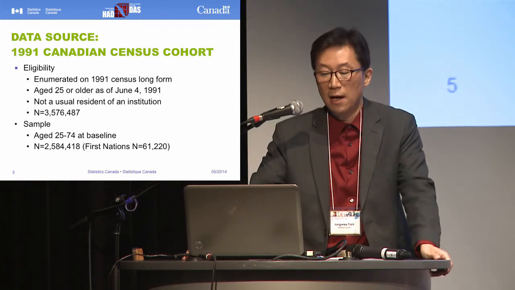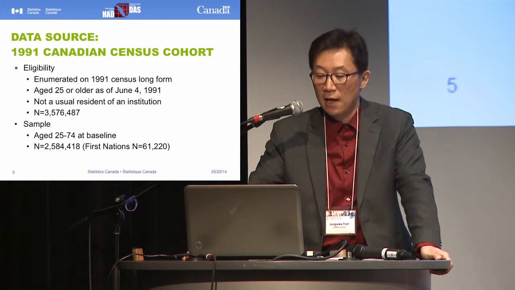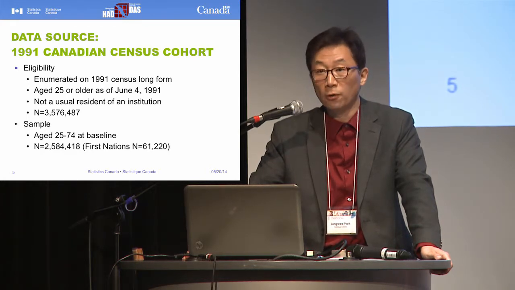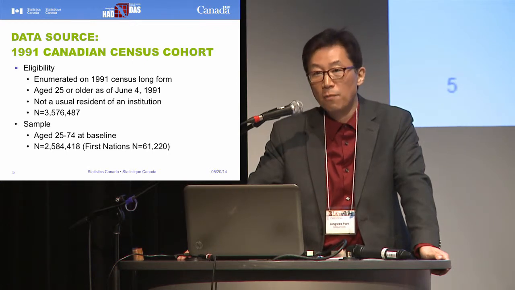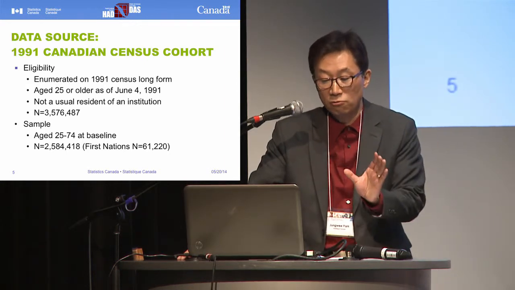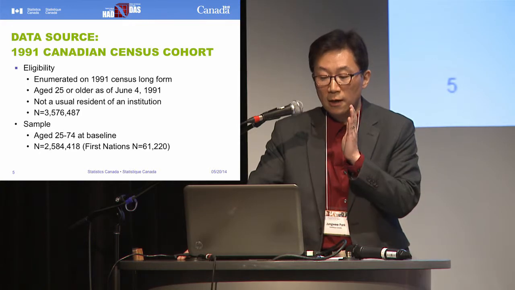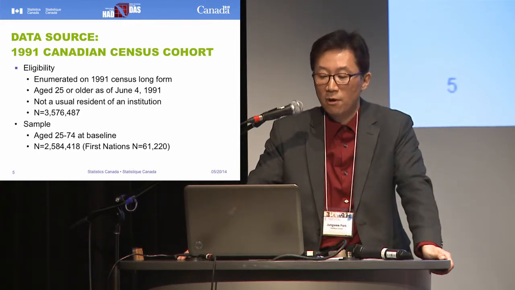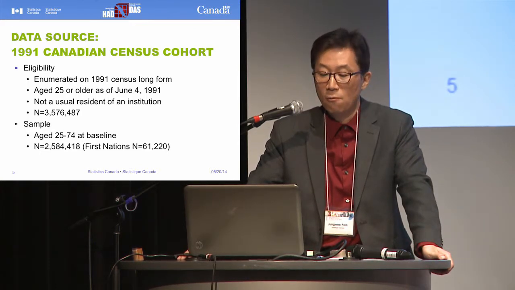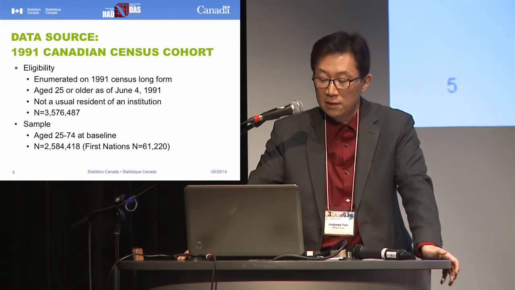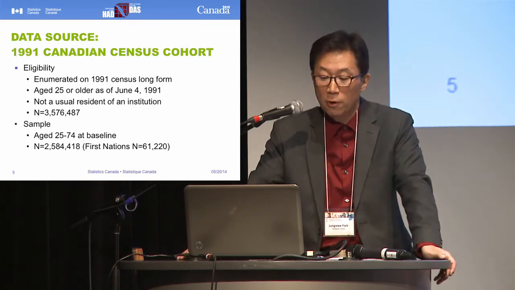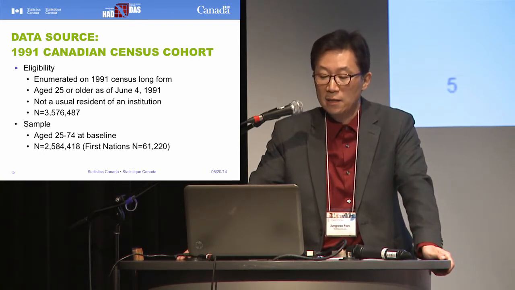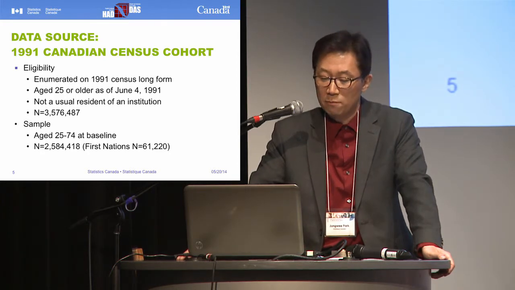We selected respondents aged 25 or older at the baseline time of June 4th, 1991, so we have a database of the Canadian adult population. This database does not include the institutional population. The total sample size is 3.5 million.